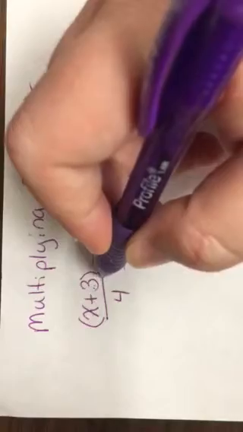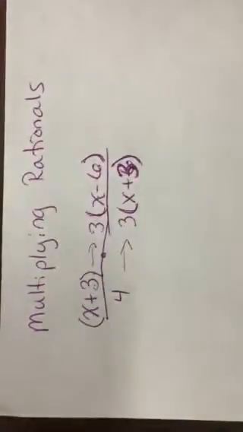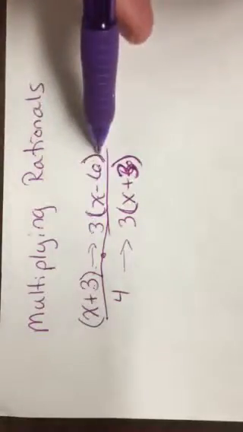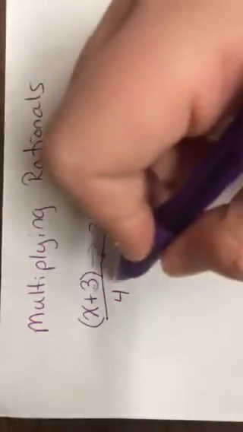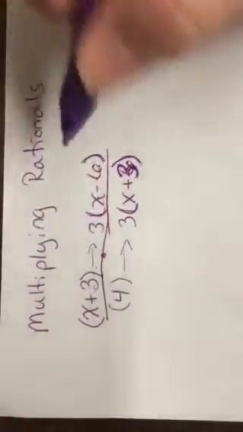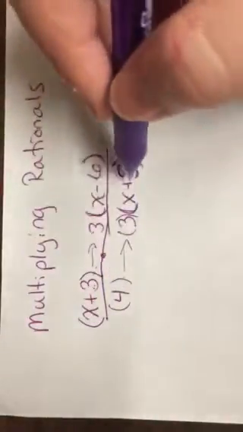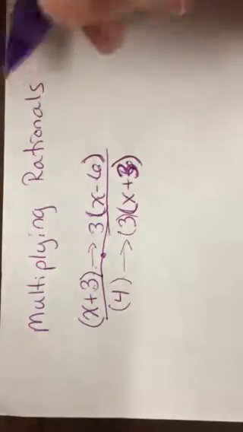So all I'm going to do is draw a line straight across. So I have x plus 3 times x minus 6. And in the denominator, I'm just going to put a little parentheses here around the 4. And let's go ahead with the 3. I have 4 times 3 times x plus 3.